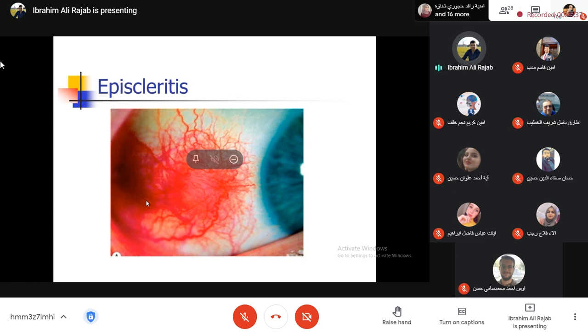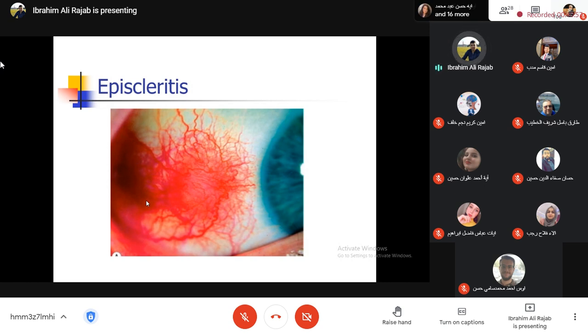The area is red, usually focal, but it may be diffuse. It is differentiated from scleritis, which is a vision-threatening disease, by many points.